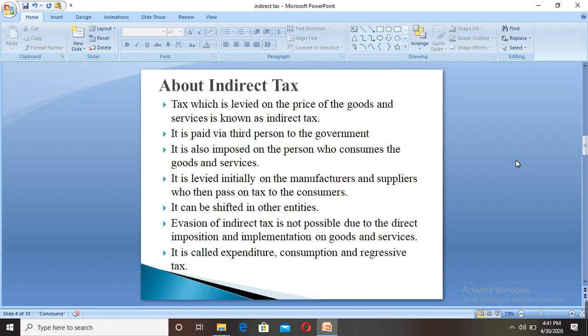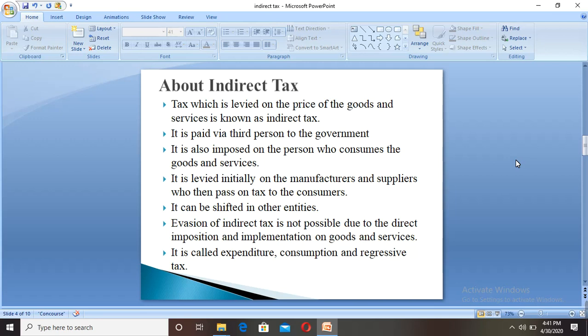One disadvantage of indirect tax is that the burden of indirect tax directly goes in the hands of customers because customers are the ultimate entity who takes the entire burden of indirect tax. So evasion of indirect tax is not possible due to the direct impositions and implementations on goods and services.